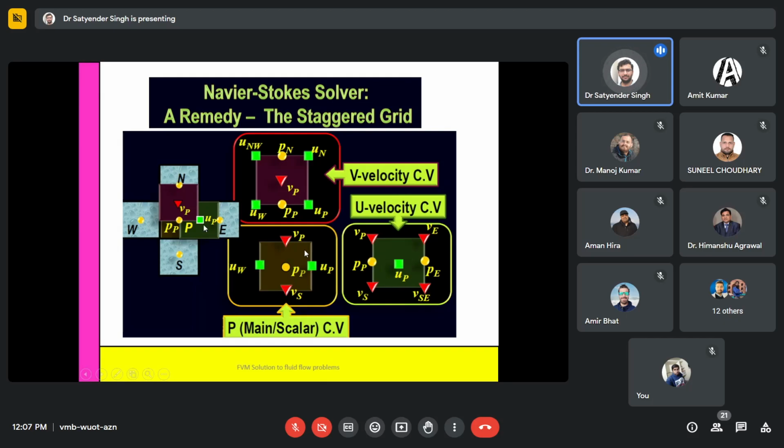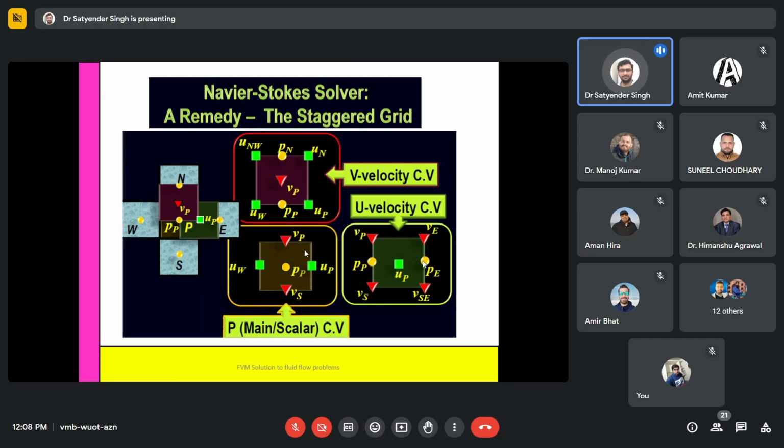If I create a cell center for u velocity and represent u separately, then its cell center is involving v velocities at its corners, and pressure at the face centers, which is also actually required in the solution of the discretized form of the u velocity.